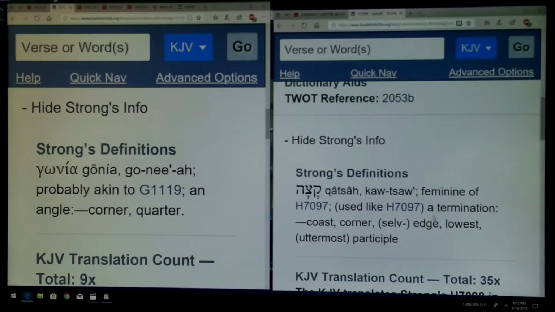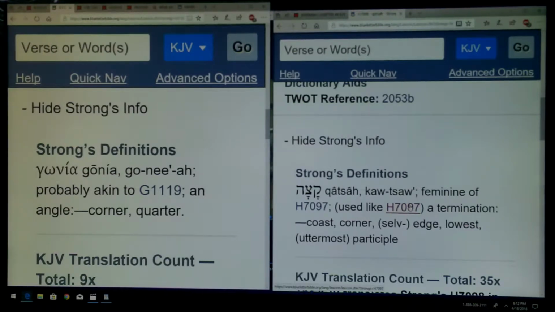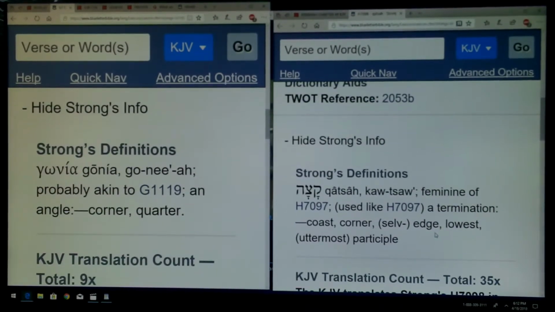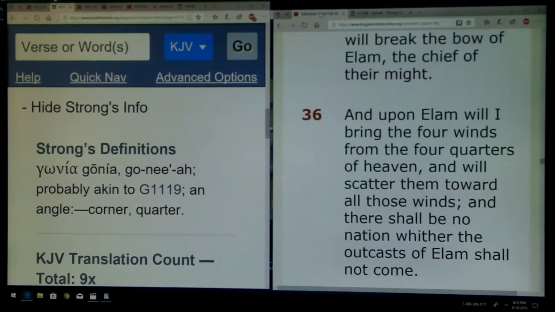So it's the termination of the land. The coast. Corner. Edge. So it is a physical thing. It's the edge, the termination, the coast. The utmost particle. So it's the utmost furthest regions. Okay? The edge. Right? So it is a physical thing.